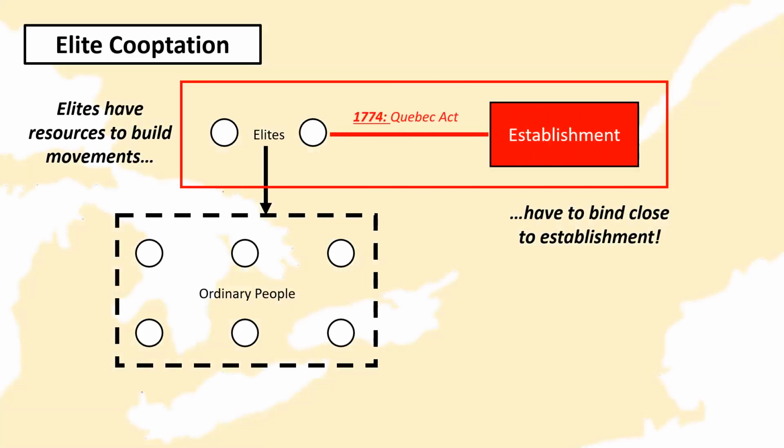The British establishment largely failed to keep the colonial Anglo elite on their side, but with Quebec, the sheer cultural differences between ruler and ruled made it obvious that the British needed to adopt a strategy of cooptation and convince the locals to stick with British rule.